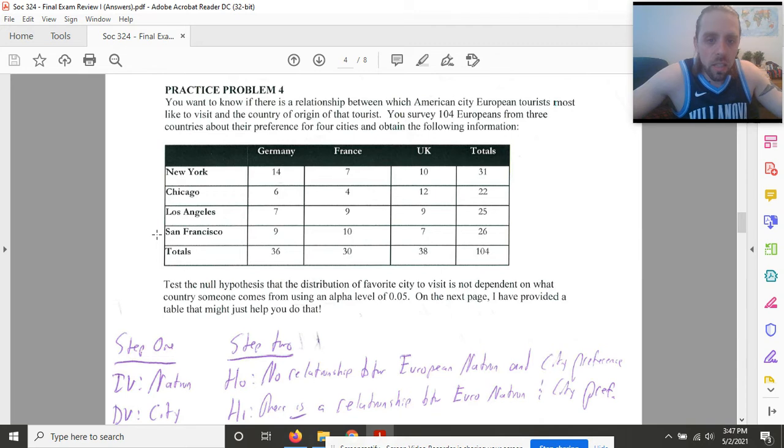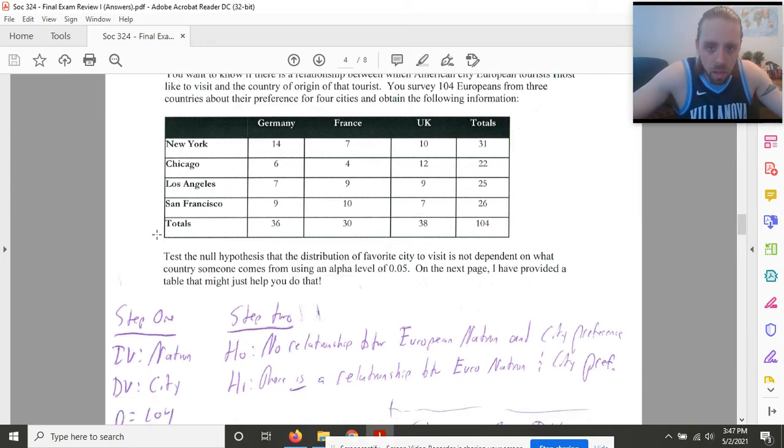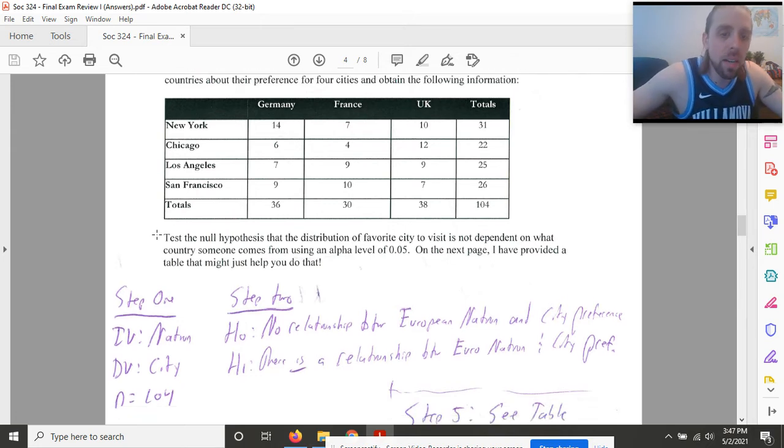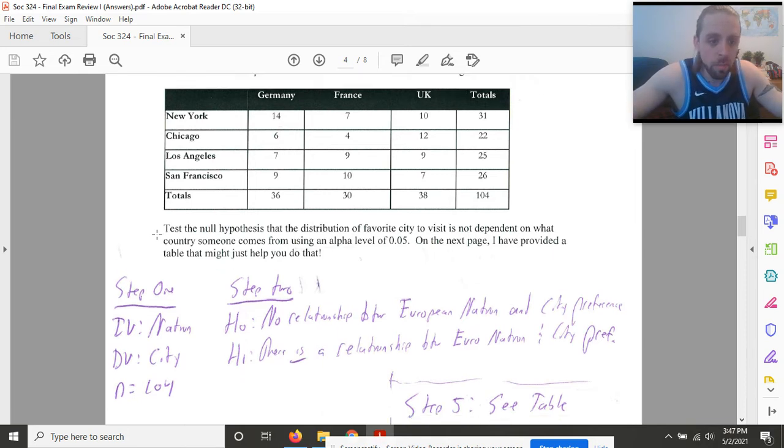Because I have Germany, France, and the United Kingdom in the 3 columns here, that is my independent variable. So in step 1, the independent variable is European nation. The dependent variable is city: New York, Chicago, Los Angeles, San Francisco, in the rows.